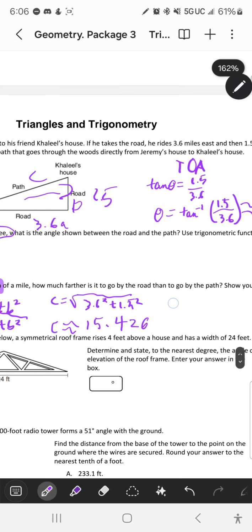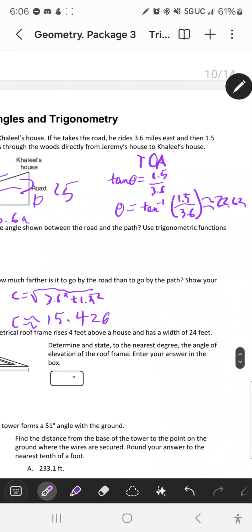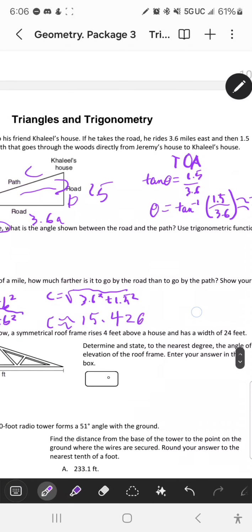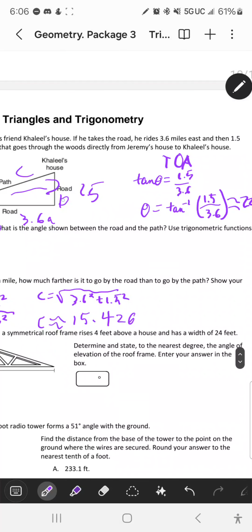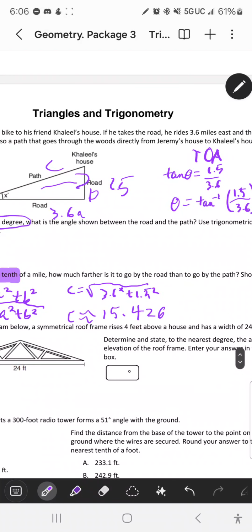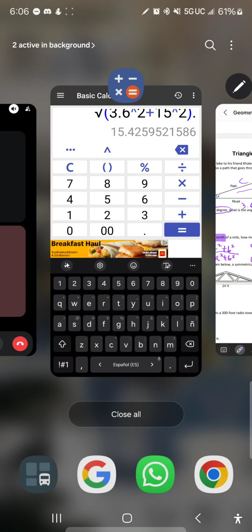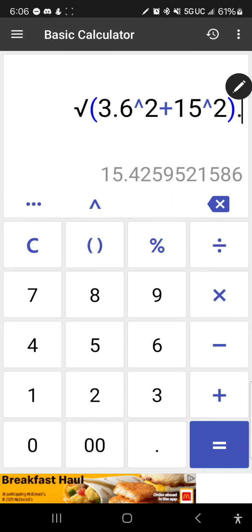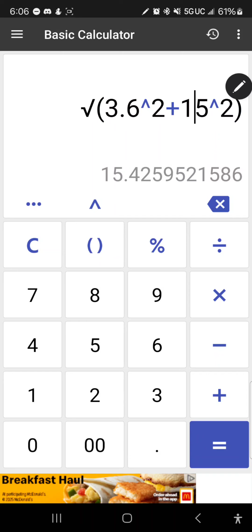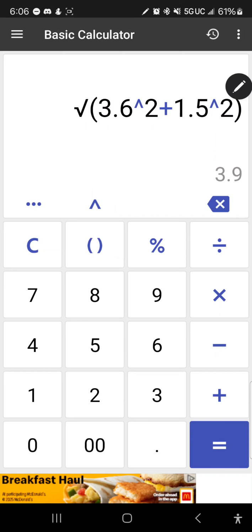Right, yeah. Now they're asking by how much farther it is to go through the road than through the path. Did I put it right here? Oh yeah, this doesn't make sense. I put 15 instead of 1.5.